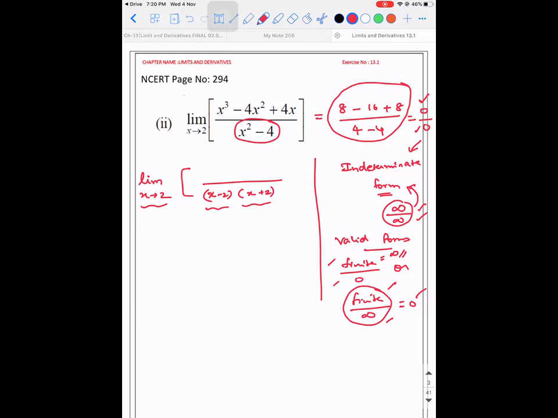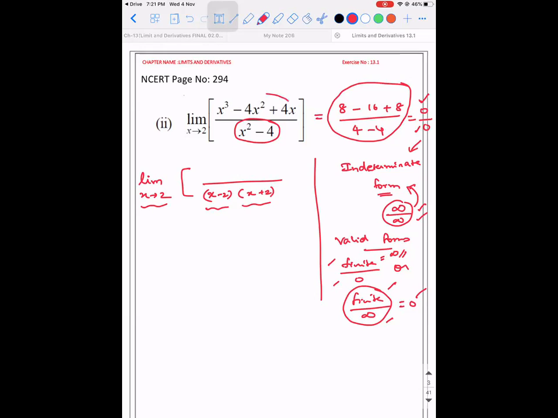So I have two terms in the denominator, x minus 2 and x plus 2. Substituting 2 in which factor will give me 0? X minus 2, right? So I need to ensure that x minus 2 will get eliminated in the denominator, in the numerator also, right?